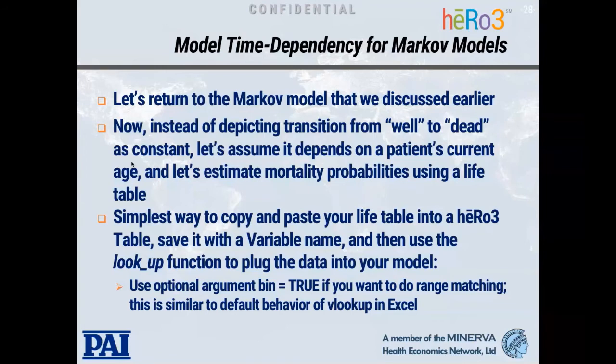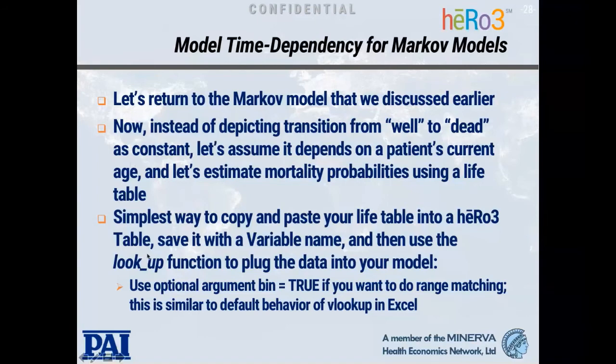But we're going to take the transition from the well state to the dead state. And instead of using a constant probability, we're going to make it depend on a patient's current age using a life table. And so over time in the model, we're going to track the age of the patient, and the mortality rate will depend on their age using a life table.